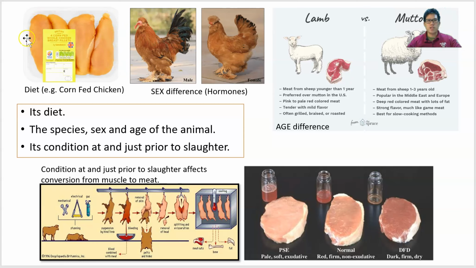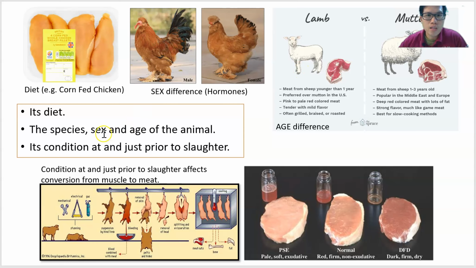Of course, if you cook this, the flavor will be slightly different because of certain components in the meat itself. Then of course the species is different. If you're talking about chicken and lamb, the type of aroma is different. You can see that lamb is slightly stronger in smell compared to chicken.